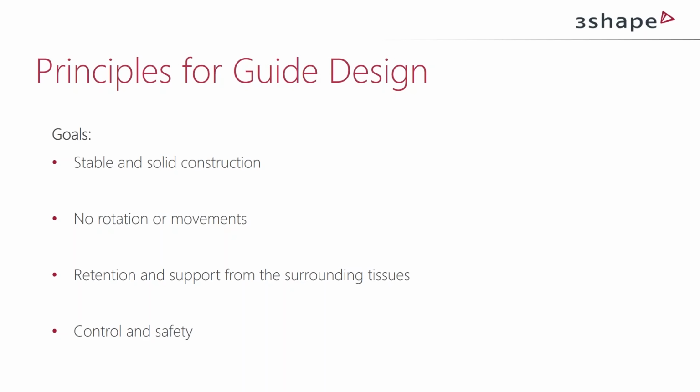And last but not least, we also get a lot of control and safety by using the guide. This can be achieved by using transparent materials when we print the guide. We can also place windows so we can see that it has attached firmly on the teeth.